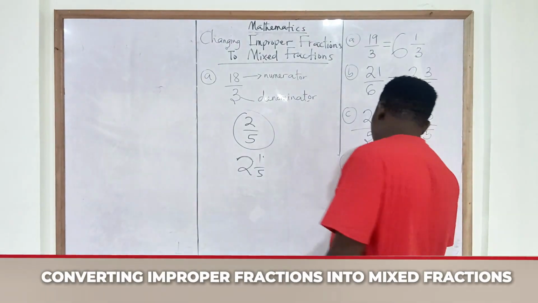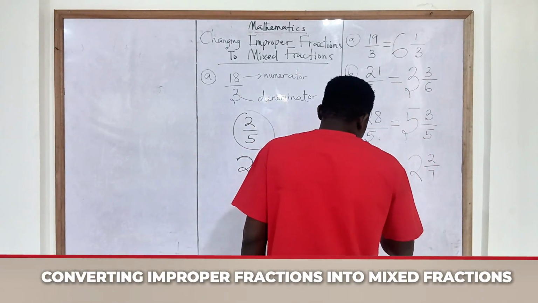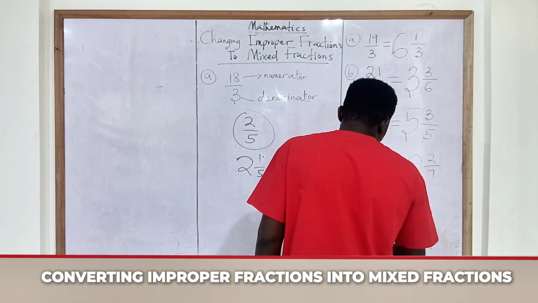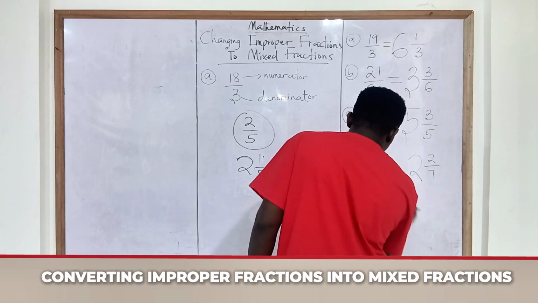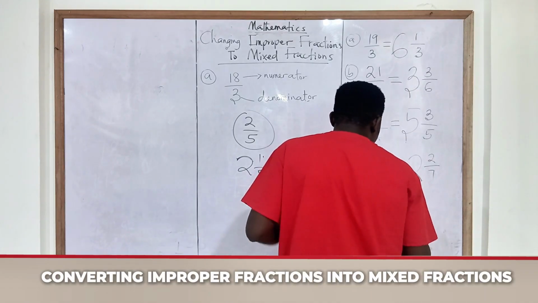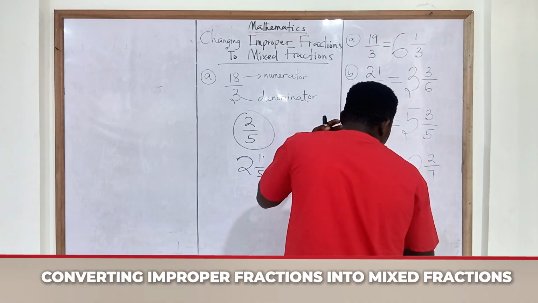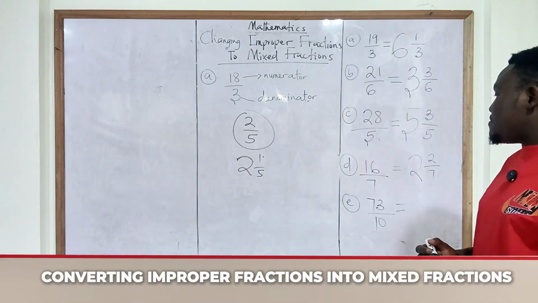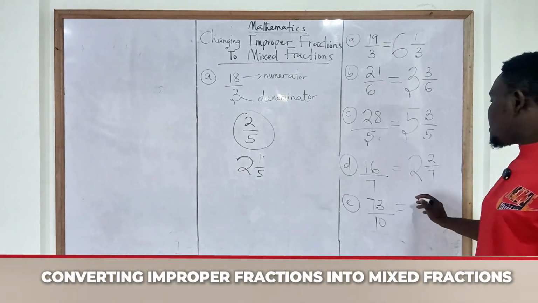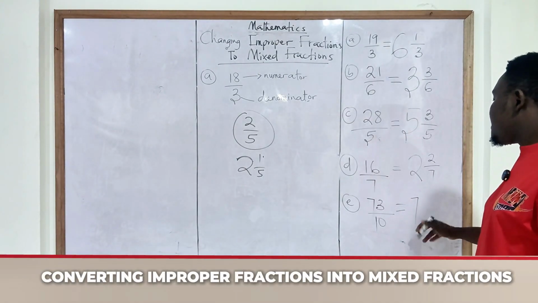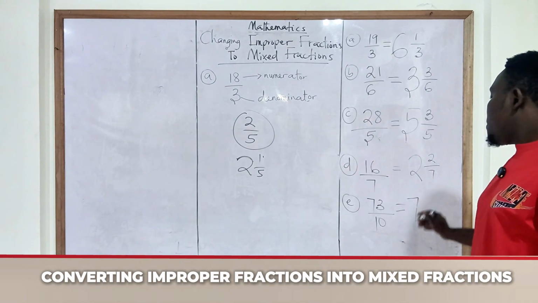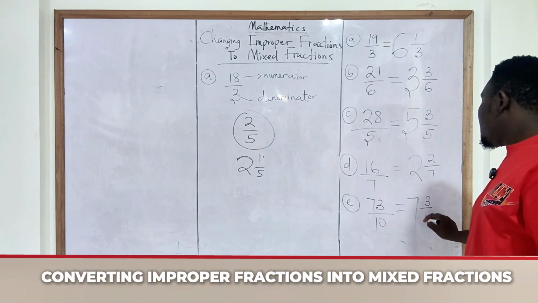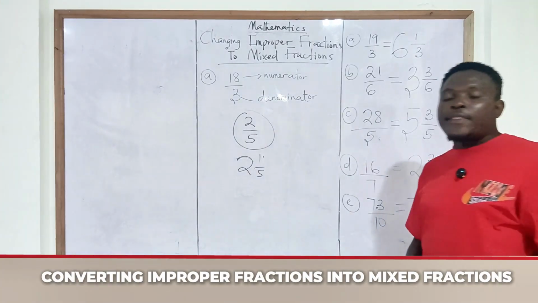Another example, let's take a huge number this time. Let's take 73 over 10. So how many times does 10 divide 73? That is 7 times. So 10 times 7 gives us what? 70. Remainder 3 over our denominator, which is 10.